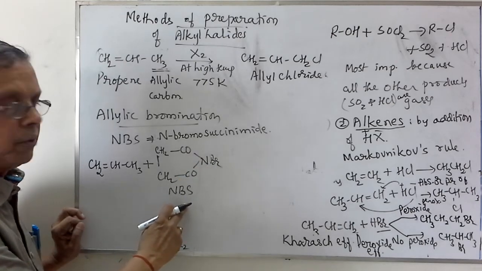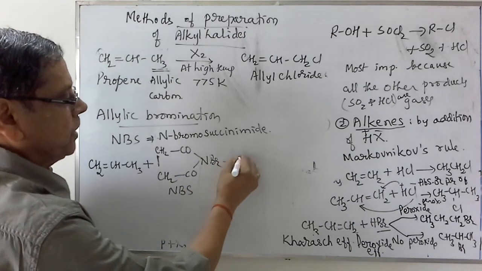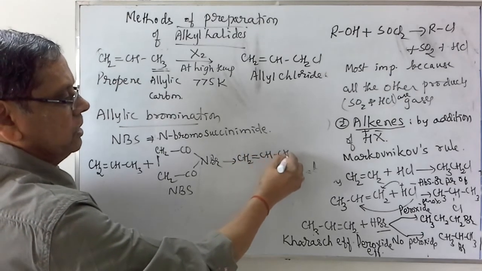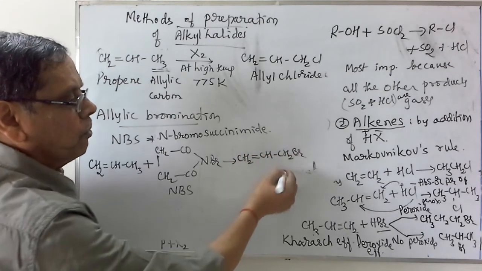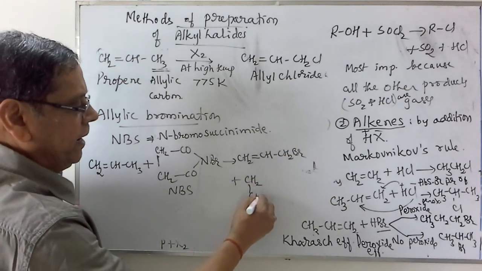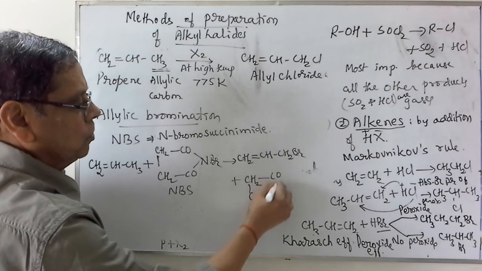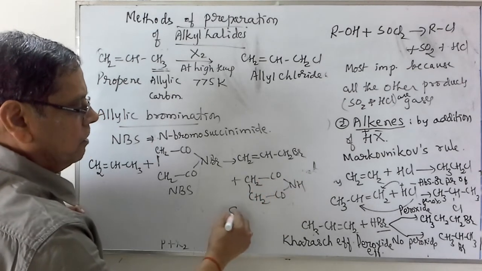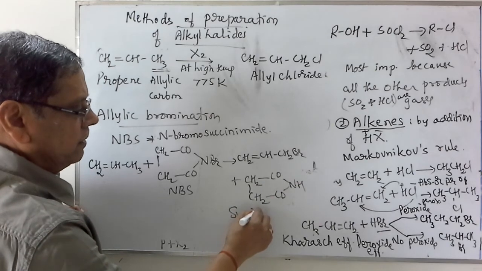That's why it is called N-bromosuccinimide. The product obtained will be CH2 double bond CH, CH2Br. Allyl bromide is the product along with the formation of succinimide, CH2CO, CH2CO, NH. This compound is named succinimide.